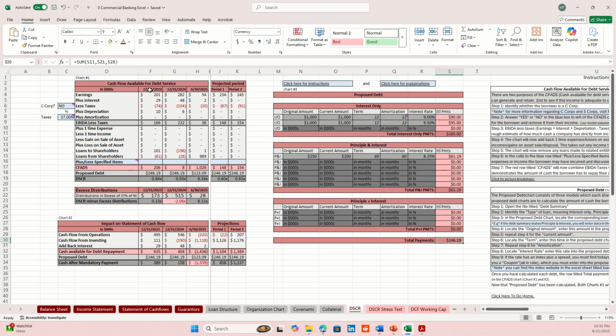Now what we're doing in the above part is we're taking the cash flow available for debt service. So we're going to take the most recent 3 periods of financial statements. We're going to take earnings. We're going to add back interest because interest is calculated in the total payments, and the total payments is in the denominator.